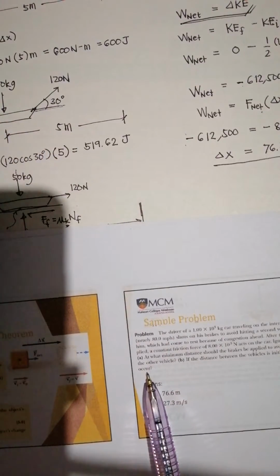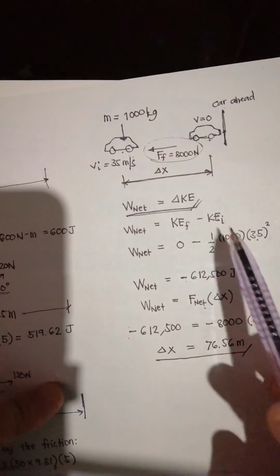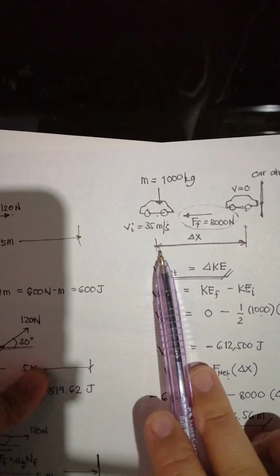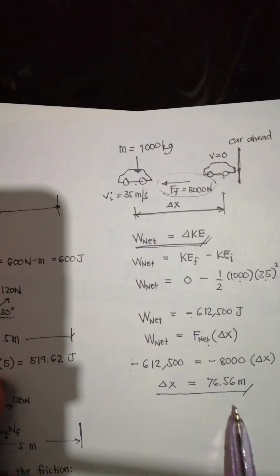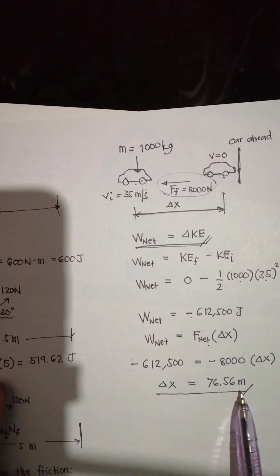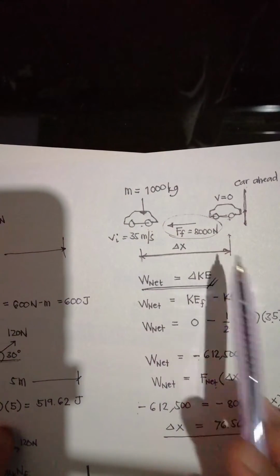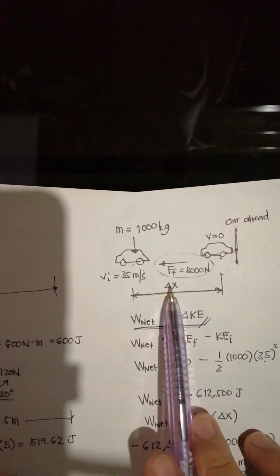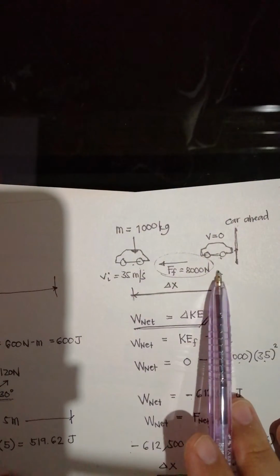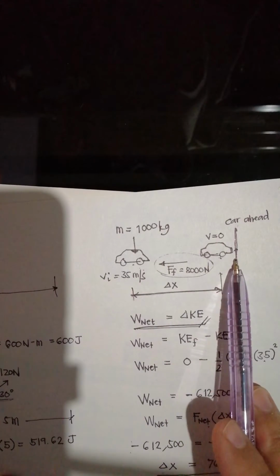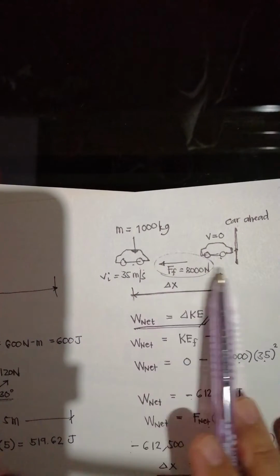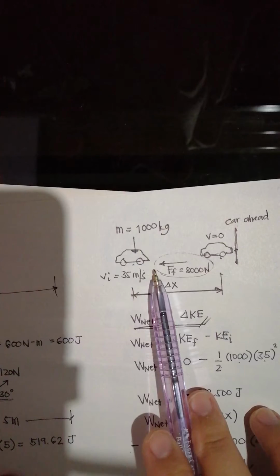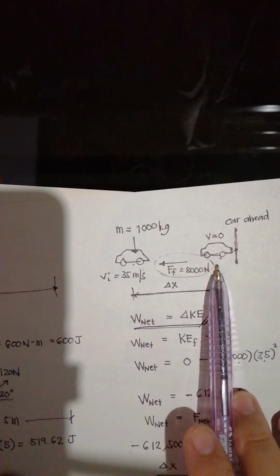Now we have found out that the brakes should be applied at a distance of 76.56 meters to avoid collision. But the second question says that if the distance between the vehicles is initially 30 meters, therefore if it will apply the brake 30 meters behind the second vehicle, then it will really hit the second vehicle.